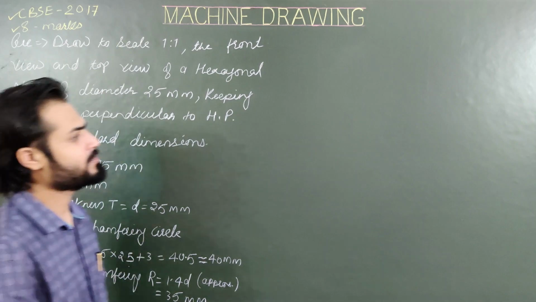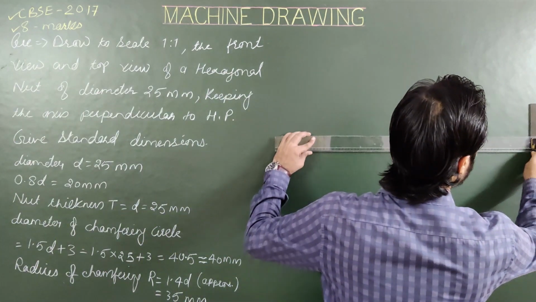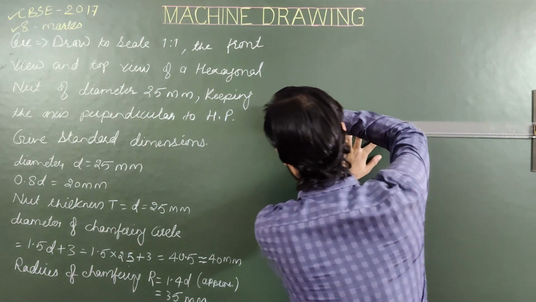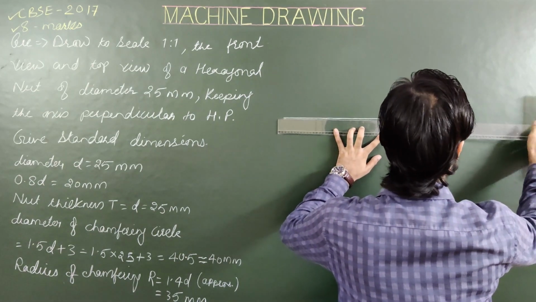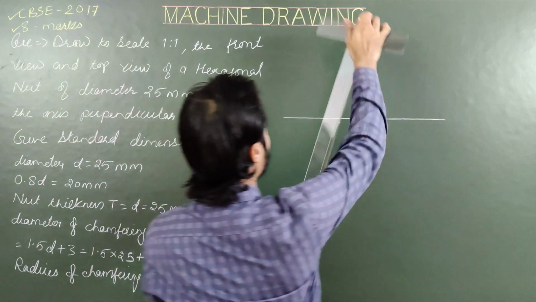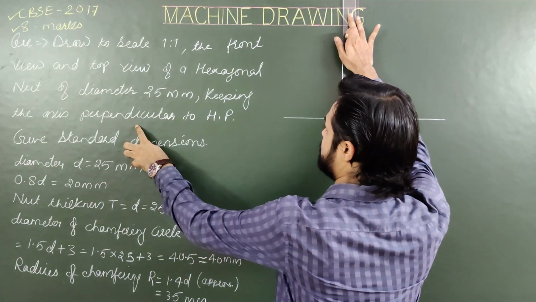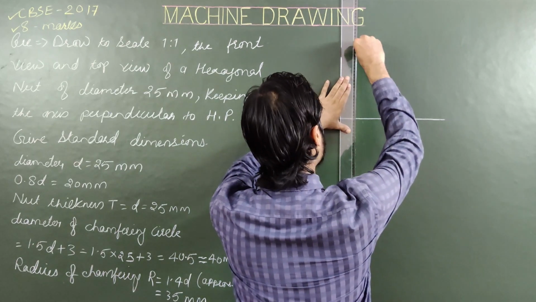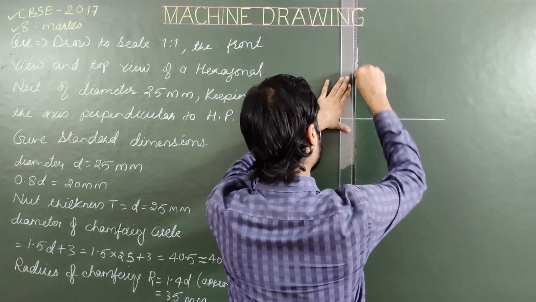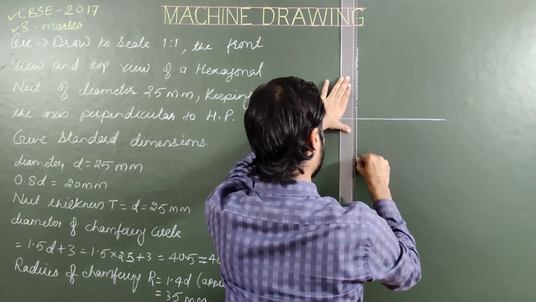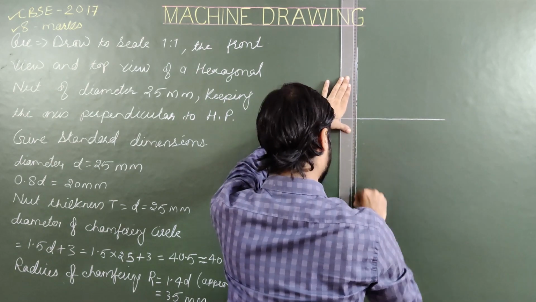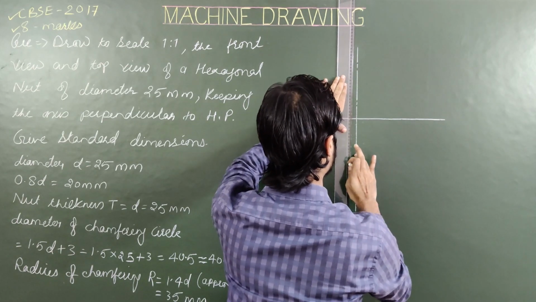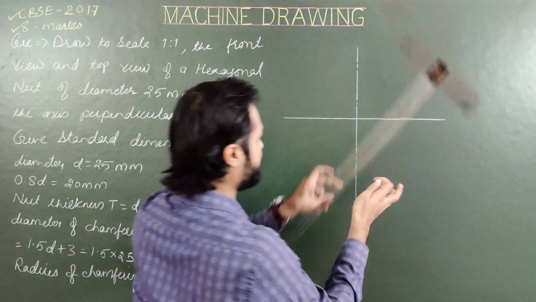Now for construction work, please draw the XY line, the reference line, parallel to the bottom base edge of your sheet. Then you know that the axis is perpendicular to HP, so draw a vertical line, or line perpendicular to XY, for its axis, right.